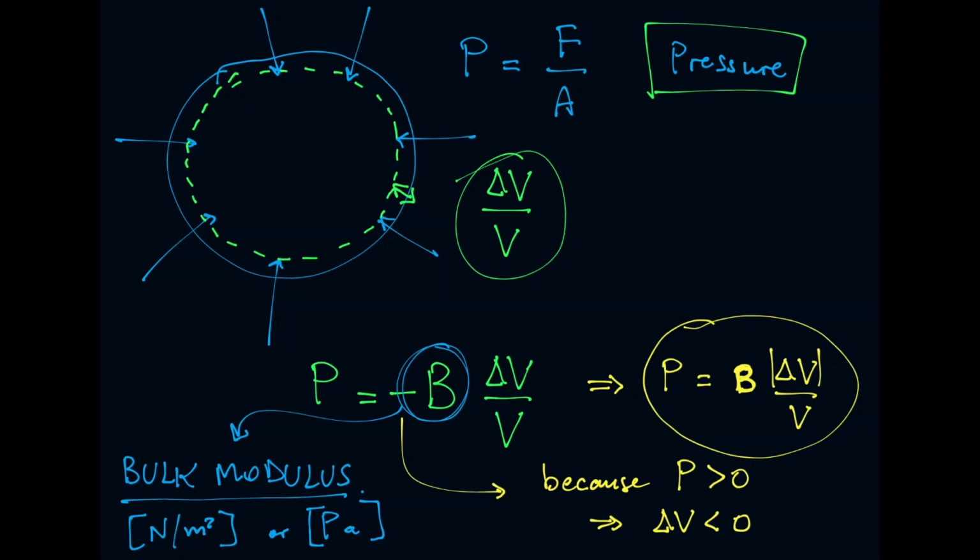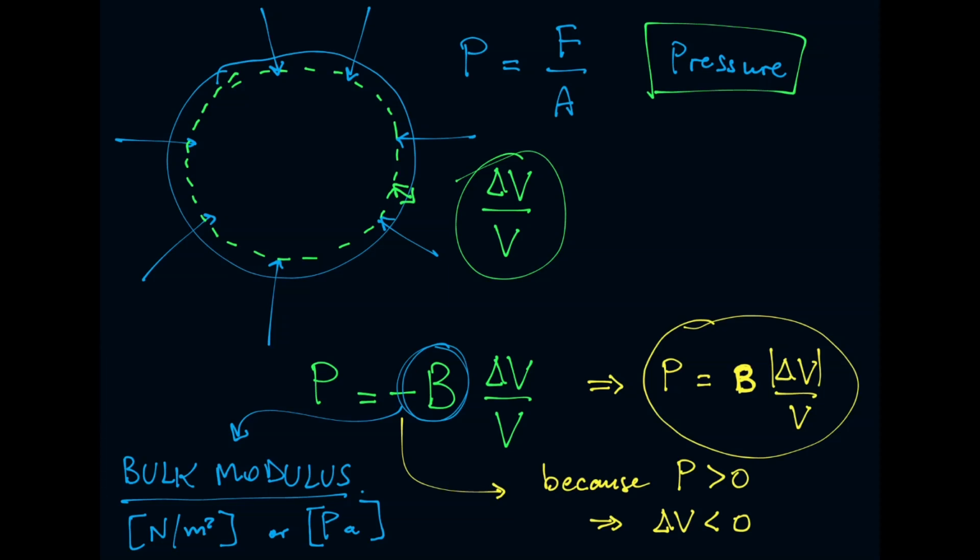If you apply a pressure of 1% of the bulk modulus, you are causing a compression, a change in volume of 1%, right? And so this bulk modulus is how hard this object resists changes in its volume.